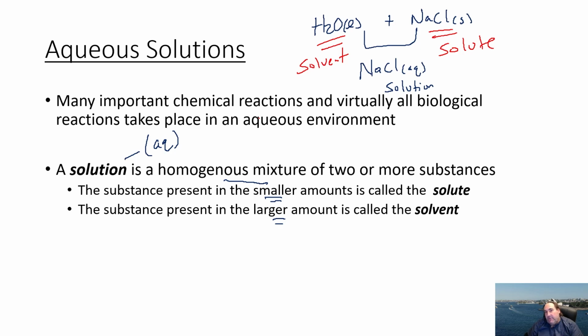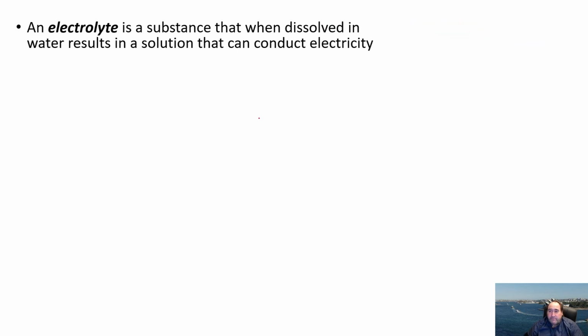So the name of the solution is pretty much going to be your solute. If it's ionic, for the most part, and I won't say 100% of the time, but pretty close. If it's some type of ionic compound that's soluble, water oftentimes is a very good solvent for it. Water doesn't always have to be a good solvent, but it's a very good solvent for a lot of our ionic compounds, and there's a good chance it is if it's ionic.